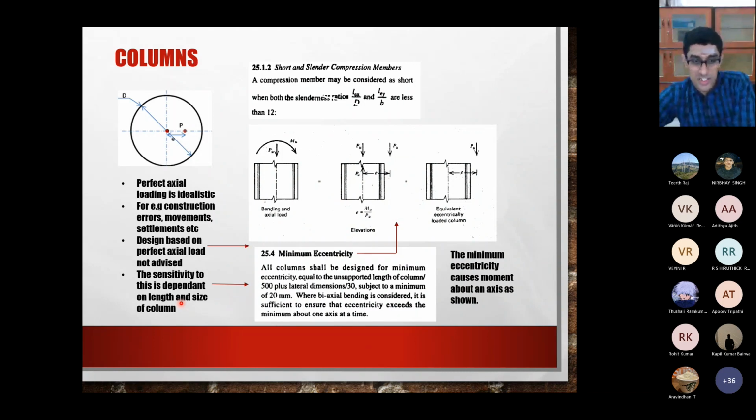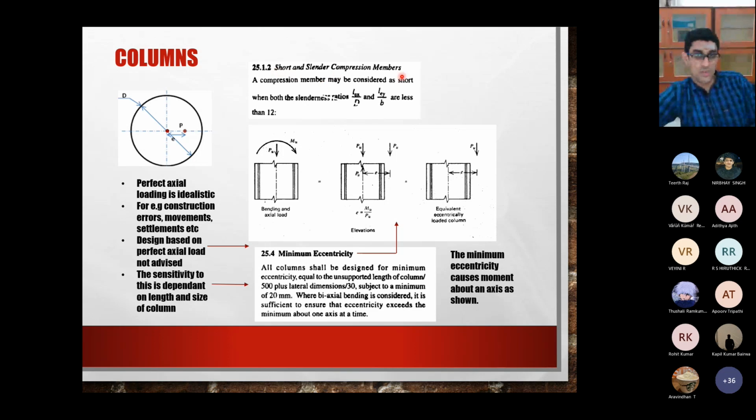So how much is it? All columns shall be designed for a minimum eccentricity equal to the unsupported length of the column divided by 500 plus the lateral dimension divided by 30. We find this out, and if it is less than 20 mm, the minimum eccentricity should be 20 mm.